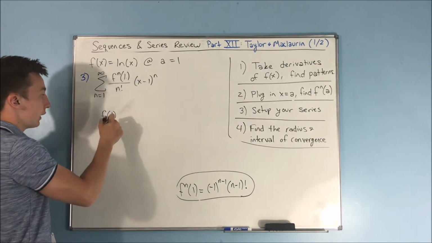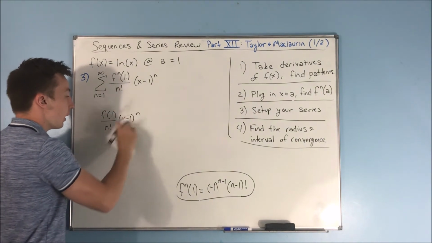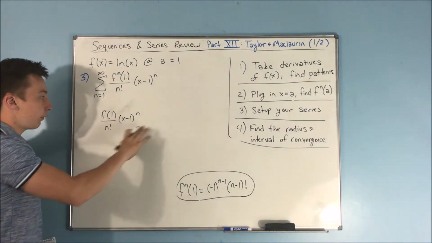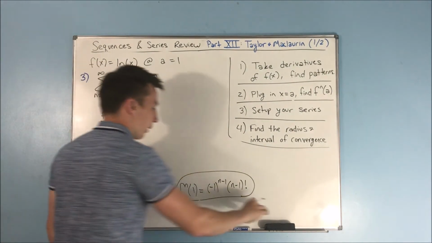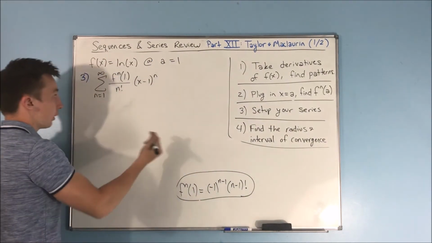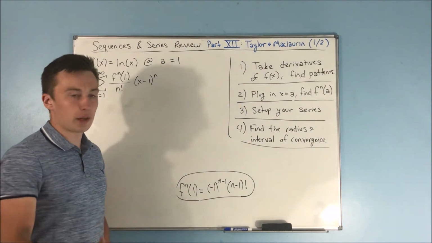And it's going to be over n factorial times x minus 1 to the n, and all that doesn't matter because f of 1 is 0. So that makes the whole first term 0. We don't even need to worry about it. So we're going to start this series from n equals 1. That's the first term that matters.